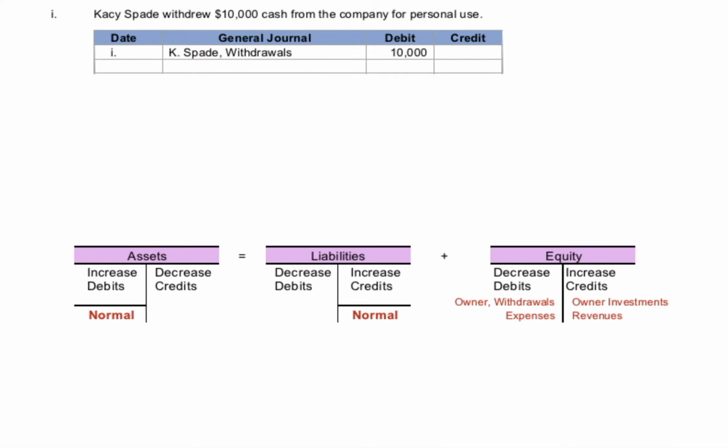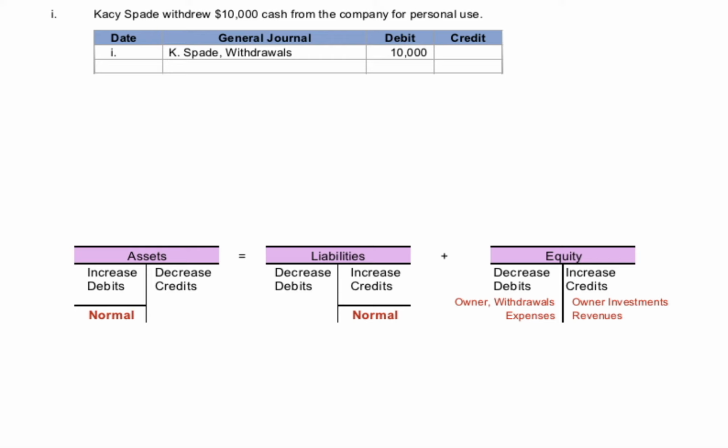Okay, so again, anytime, and I really want you guys to pay attention to this, anytime you have a transaction that involves the owner themselves, make sure you think to yourself, focus on perspective, right? Make sure that you're looking at this through the lens of the company itself and not through the individual's lens.